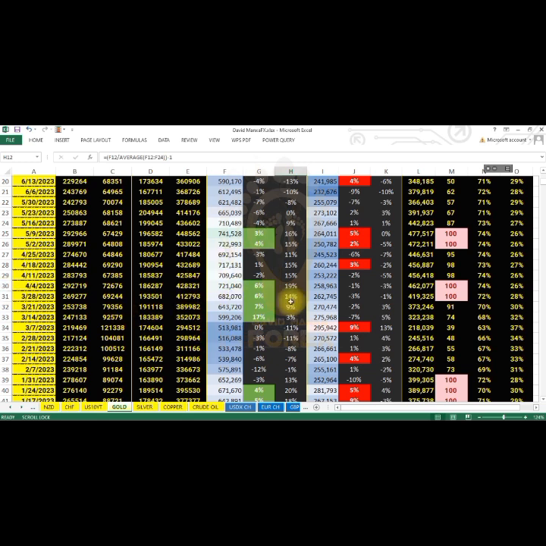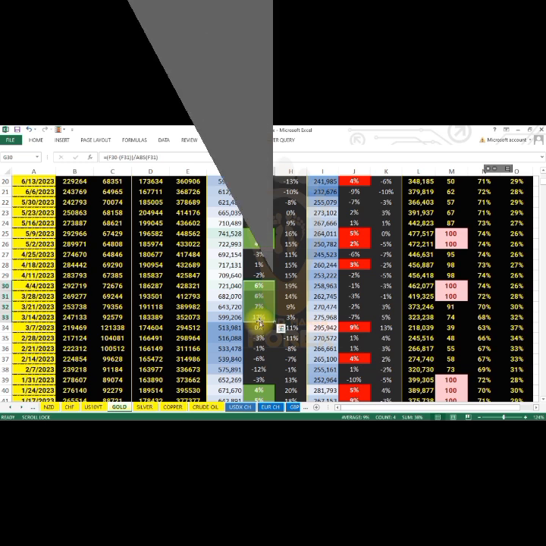For the longs, this is what we're actually concentrating on. Looking at week on week, we were adding positions 4 weeks straight: 17%, 7%, 6%, 6% added on for 4 consecutive weeks.